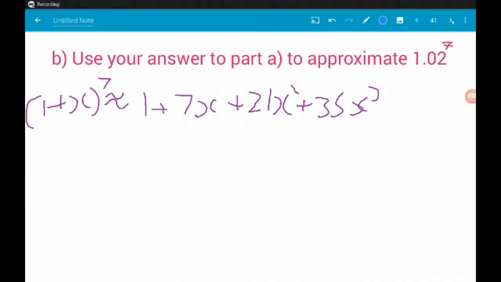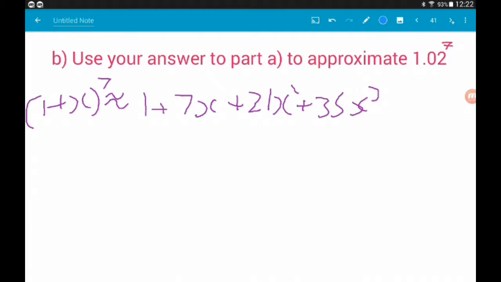Okay, then for part B, we want to use our answer to part A to approximate 1.02 to the power of 7. So here in purple is our answer to part A. Now, really, when we cut off terms, we should now use this little wavy equals sign, which we read as is approximately equal to. So we now know from part A, 1 plus x to the power of 7 is approximately equal to 1 plus 7x plus 21x squared plus 35x cubed.